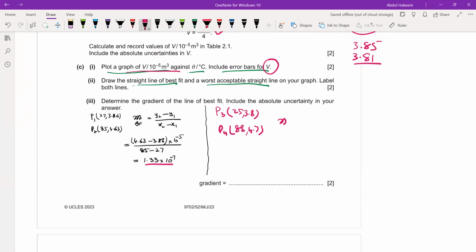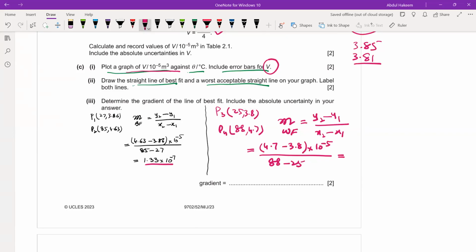And then you have to calculate the gradient of your worst acceptable line, or worst fit line, y2 minus y1 over x2 minus x1. So it is 4.7 minus 3.8, but we have to write the prefix, don't ignore it, and divide it by 88 minus 25.